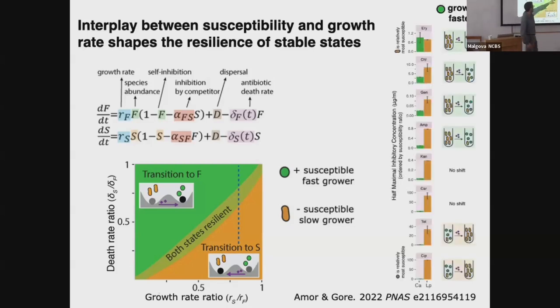So we will have first antibiotics for which the green microbe wins, then some other antibiotics for which no one benefits, and then some other antibiotics for which we have the orange microbe winning the competition.